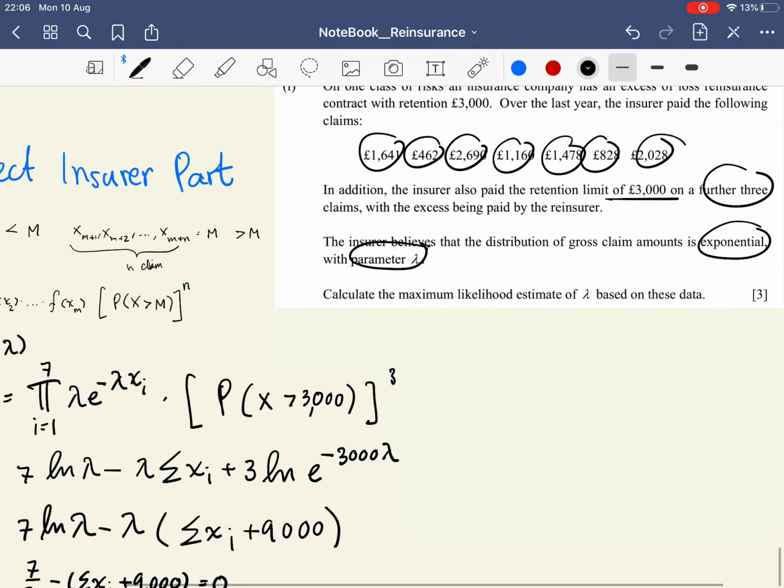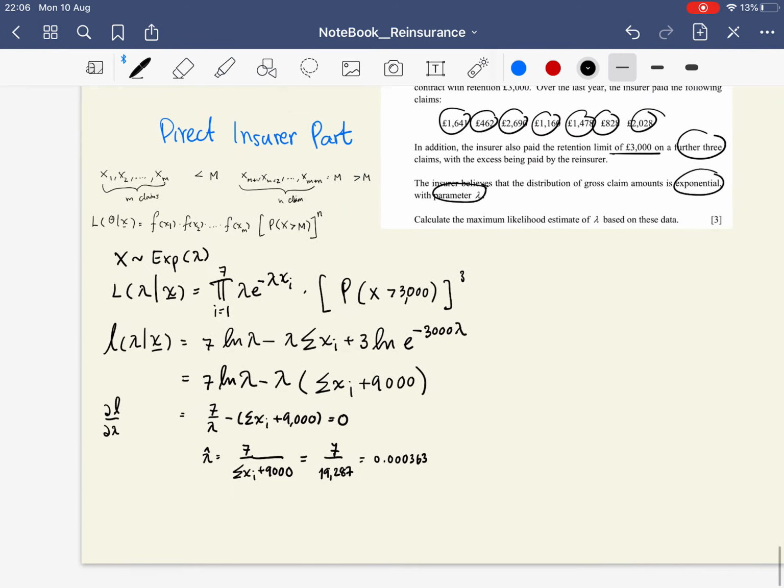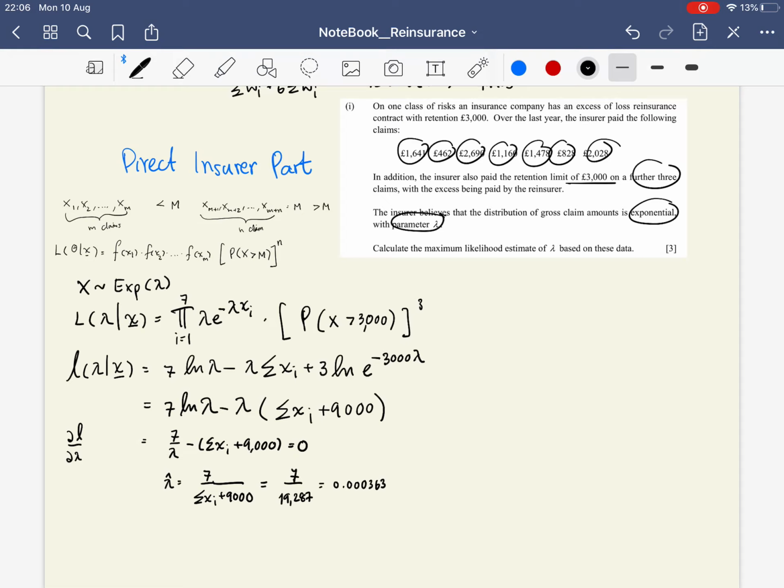which is 7 over 19,287, or 0.000363. And this is the MLE that we want.